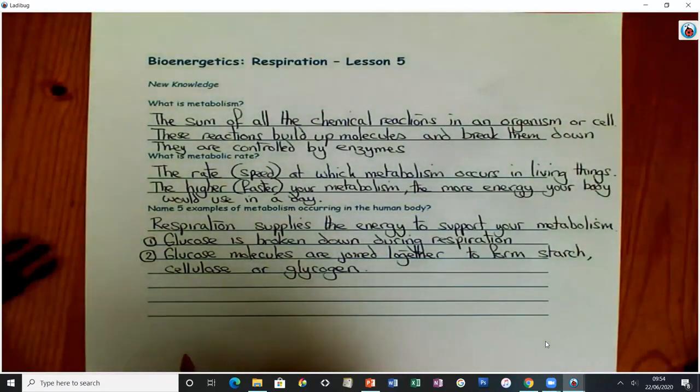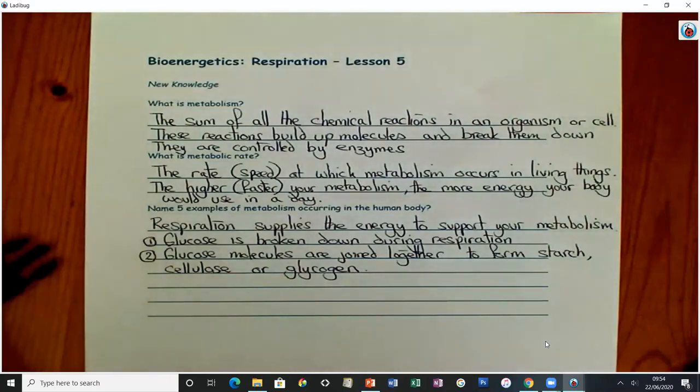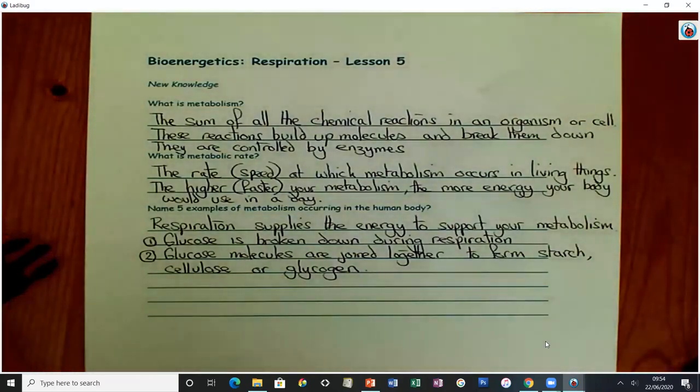Number 3, if we look at lipids, so a lot of these things are products of digestion, if we're thinking of the human body. So we get glucose when we break down starch molecules or complex carbohydrates.